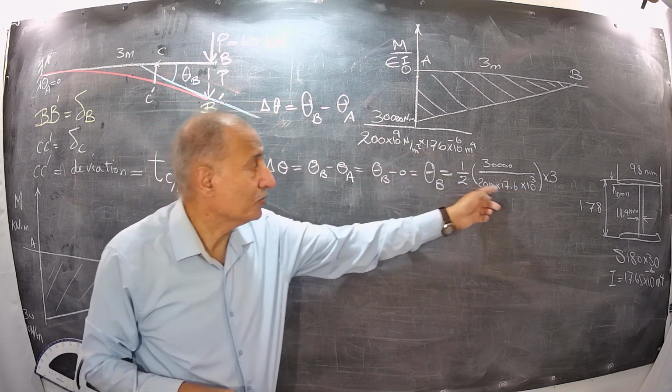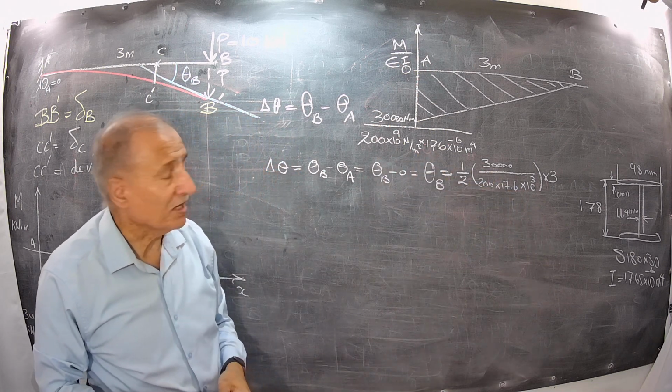And these two numbers multiply each other. You will find here this angle is in radian.